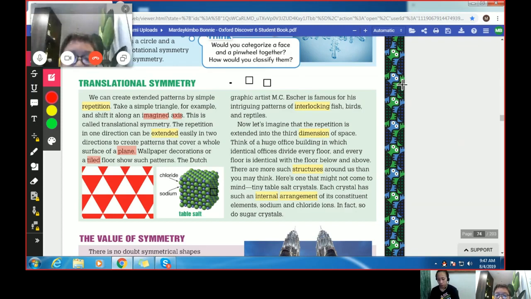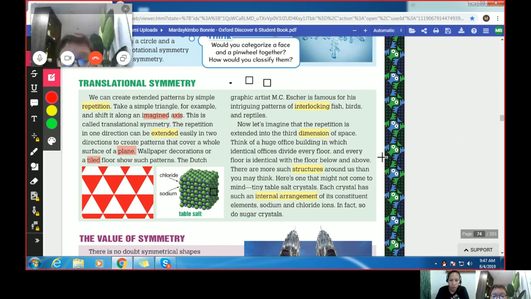Now let's imagine that the repetition is extended into the third dimension of space. Think of a huge office building in which identical offices divide every floor, and every floor is identical with the floor below and above.